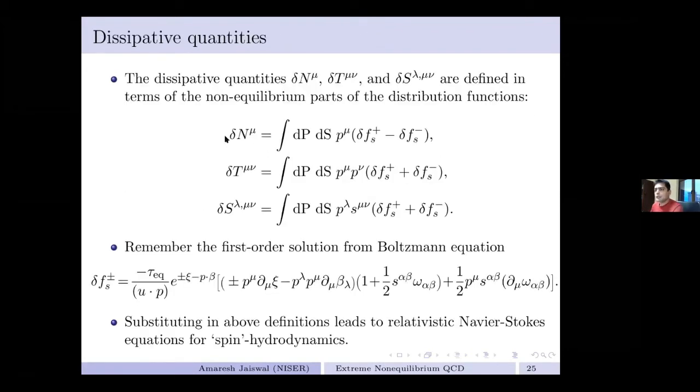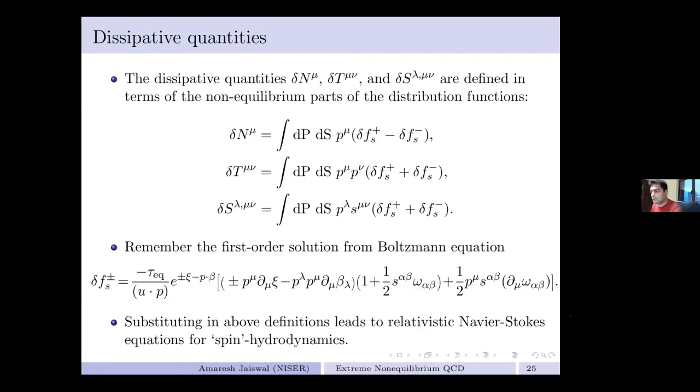So now we can express the dissipative corrections to the net conserved current, T^{mu nu}, and S^{lambda}, as well as the spin tensor, in terms of delta f. Remember that we had the first order solution for delta f from the Boltzmann equation.